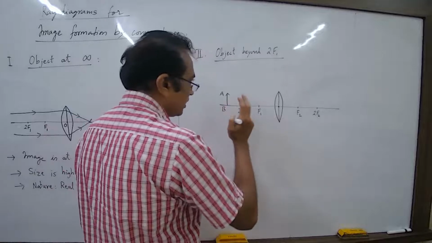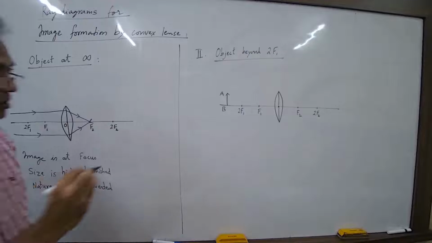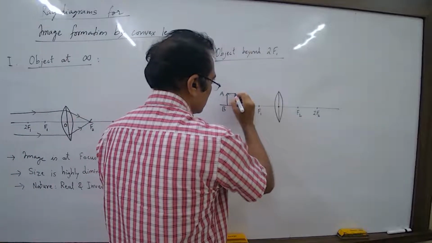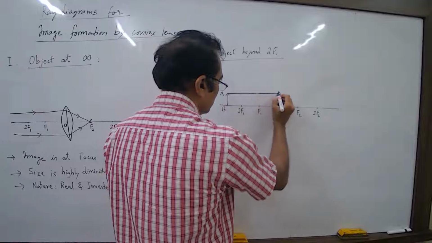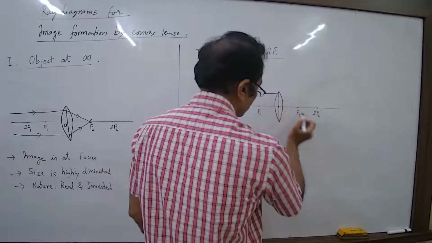You have to take at least 2 rays for image formation. The first ray you always take parallel to the principal axis. The ray which travels parallel to the principal axis, we know it will pass through focus.